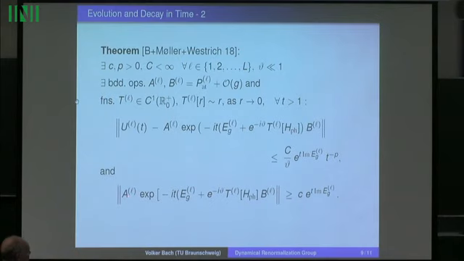If I ask how good is this estimate, if I write down this contribution to the propagator, this approximation, and estimate its norm, then this is at least a small constant times this exponentially decaying factor here. So the relative error is t to the minus p.